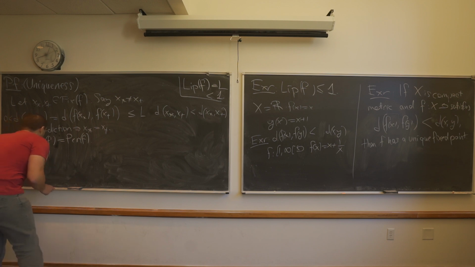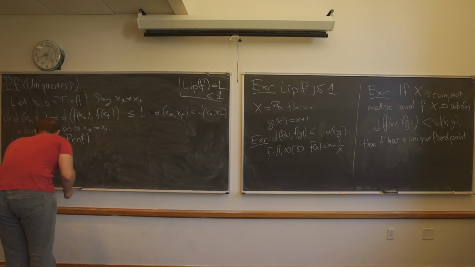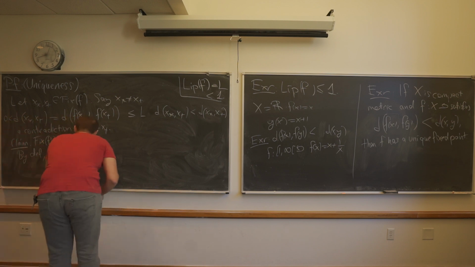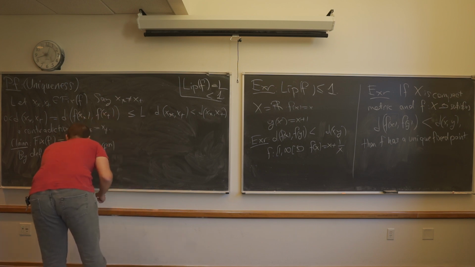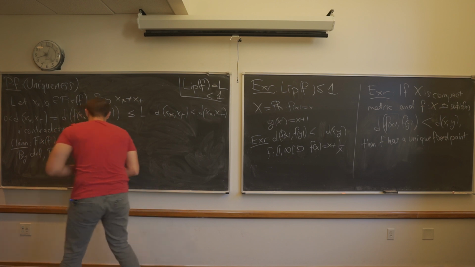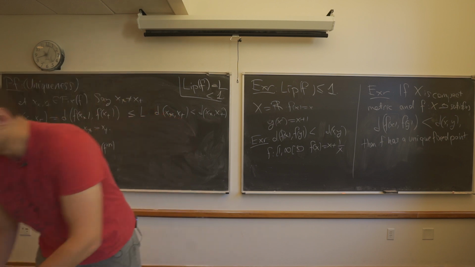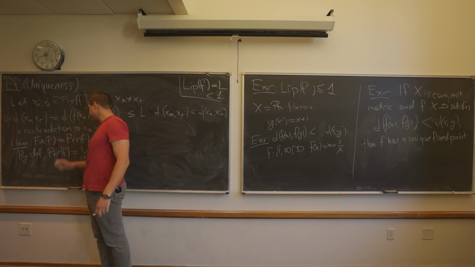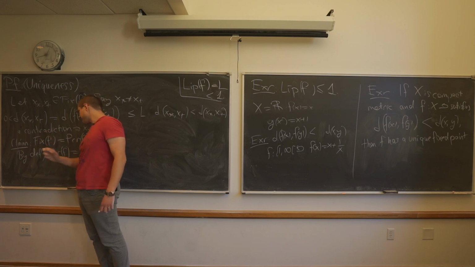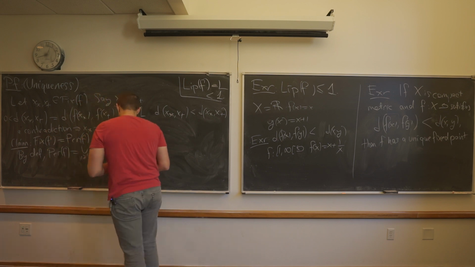By definition, Per of f is the union of all fixed points of all iterates. In particular, certainly the fixed points of f are inside here. Which means that in order to show this equality, I need to take a periodic point of f and then show that, in fact, it is a fixed point.